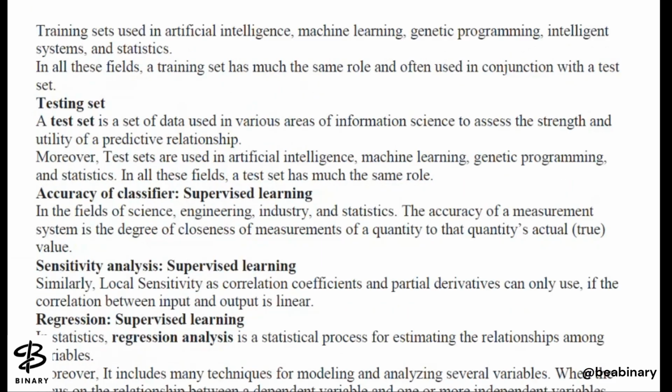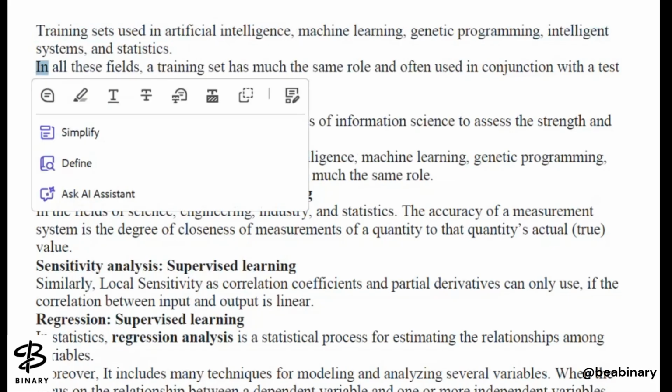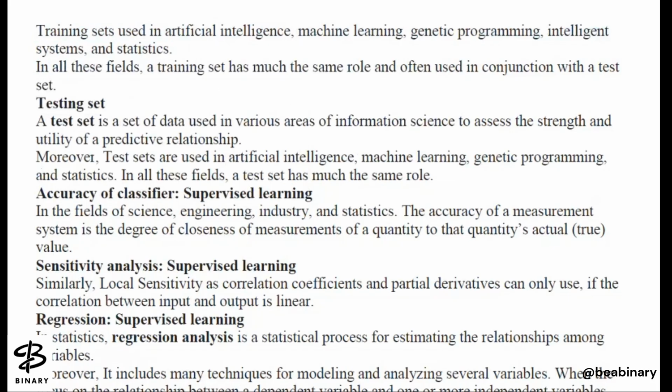Training sets are useful in artificial intelligence, machine learning, genetic programming, intelligent systems, and deep tech. In all these fields, a training set has much the same role and is often used in conjunction with test sets. Now, what is a testing set?